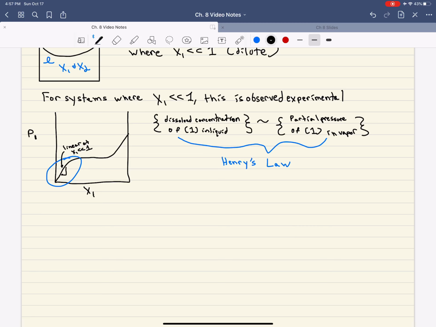If you remember from MEB1, Henry's law basically says the partial pressure of some species that's very dilute in liquid, in the vapor phase, is going to be equal to H1 times x1.